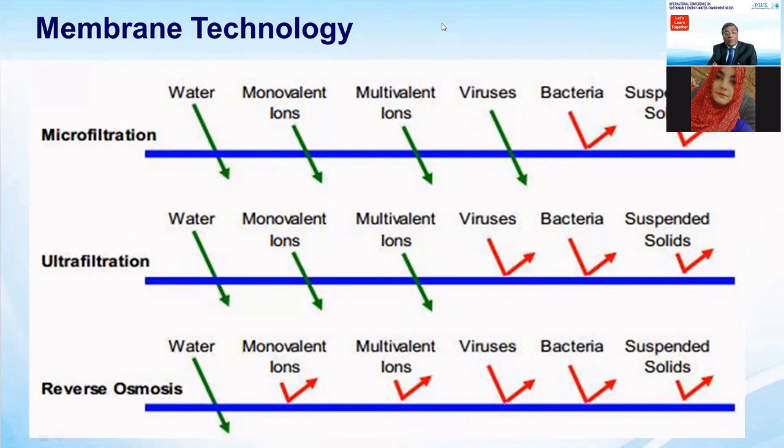And the reverse osmosis. You can see on the reverse osmosis, as the pore size is very small, only H2O, water, passes. Water has a molecular weight of 18, 2 hydrogen and 1 oxygen. And the second biggest molecule in the water is sodium chloride, where sodium is 23 and chloride is 35.5.